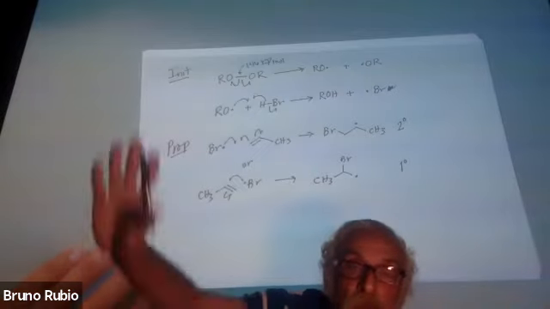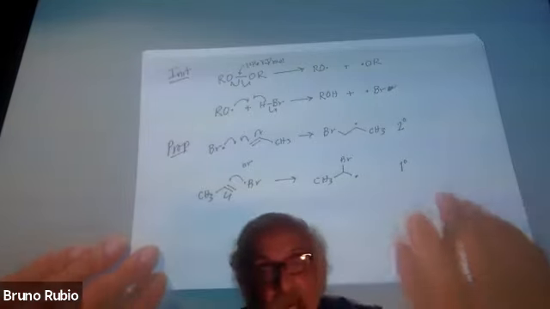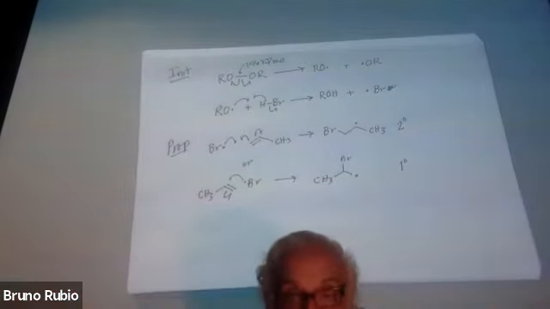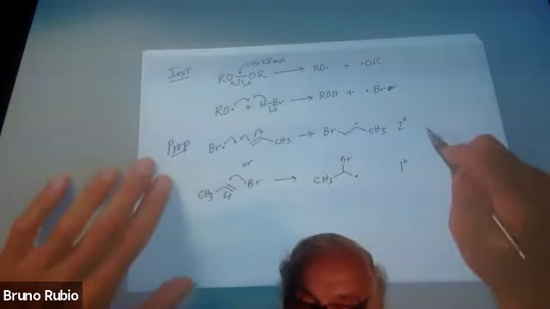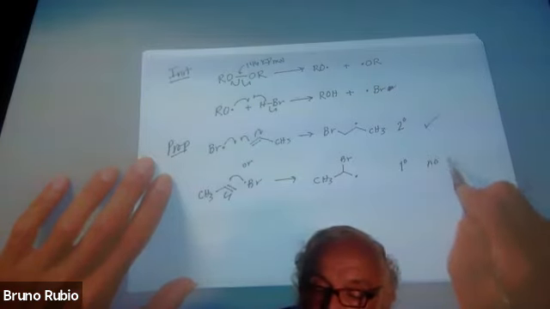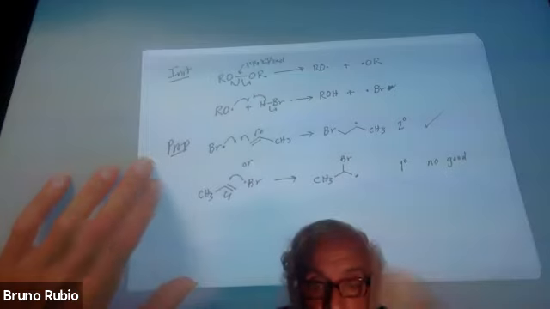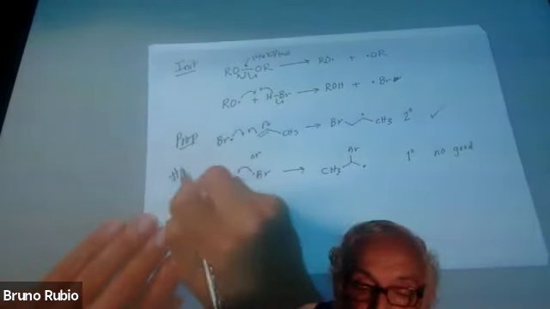If we were to do all of the numerology for this reaction and draw out the energy diagram, we would see that this is indeed the case. So this happens, and this one, no good. Okay, so now this is propagation step number 1.